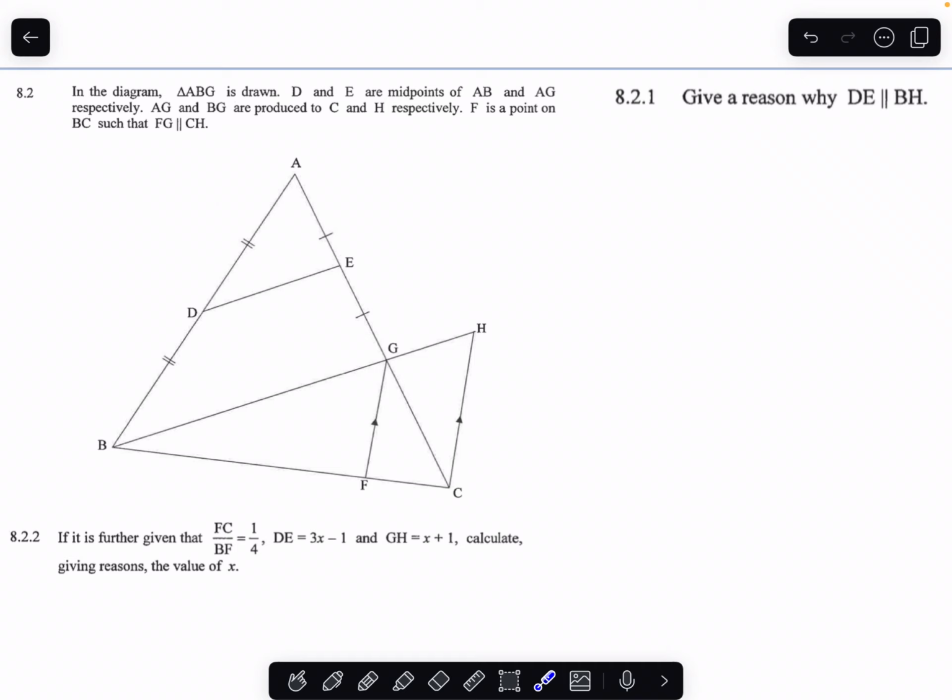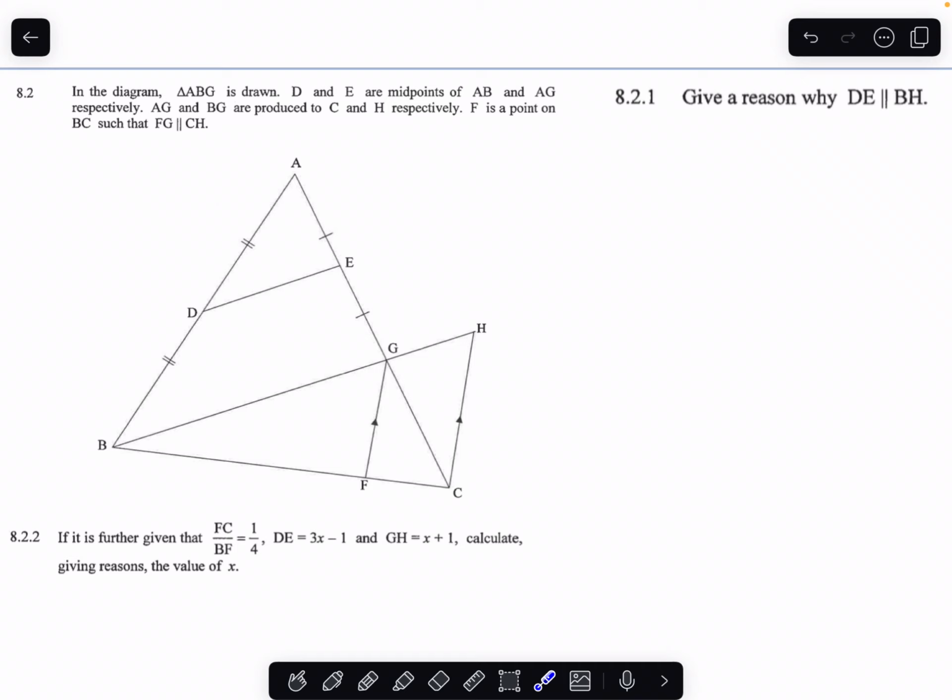That tells us that the two sides will be split in the same proportion. And then the converse of it is: a line that divides two sides in proportion is parallel to the third side.